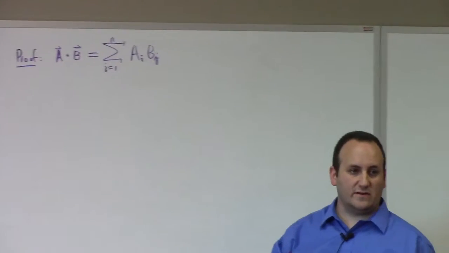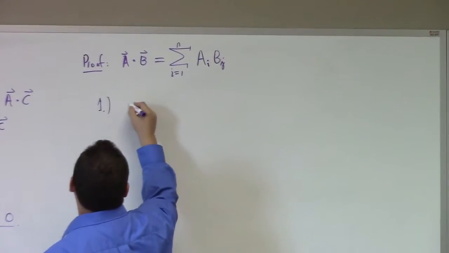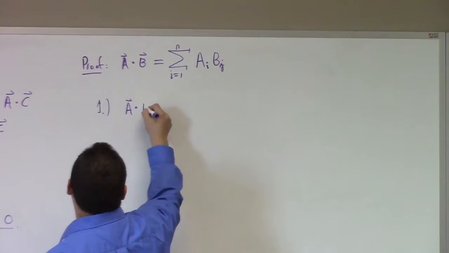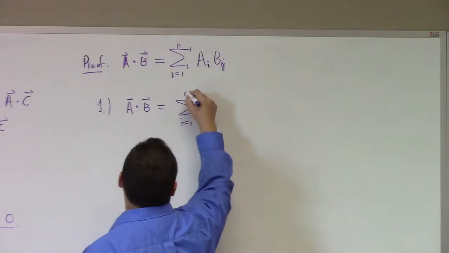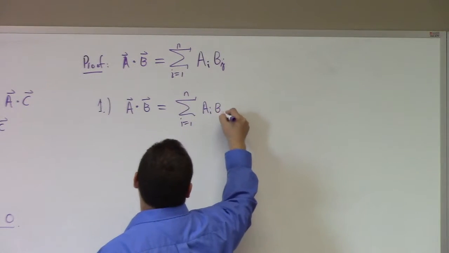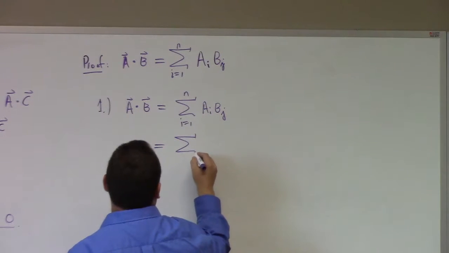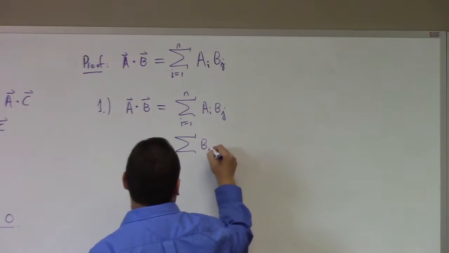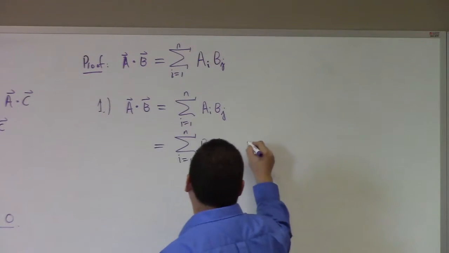Anyway, so there's a nice definition. So if I want to prove commutativity, for example, it's as simple as this. Okay, so properties of real numbers. a_i times b_j is equal to b_j times a_i, right? a_i and b_j, those are just real numbers. They commute, right?